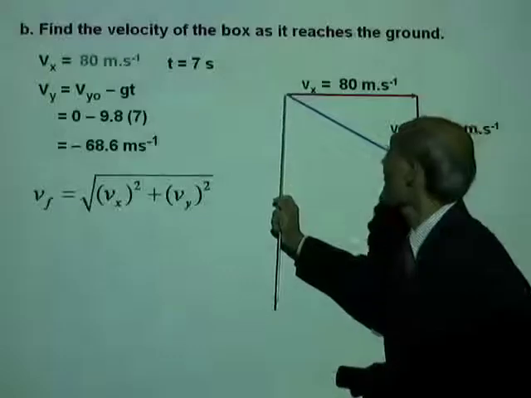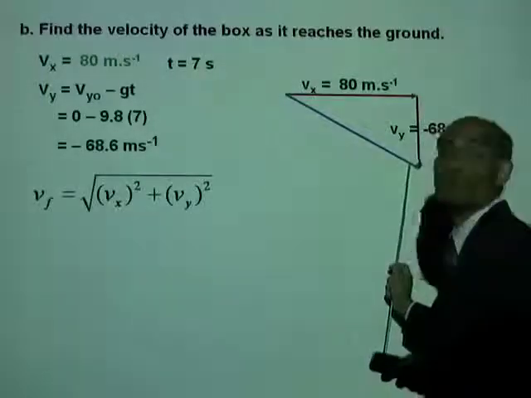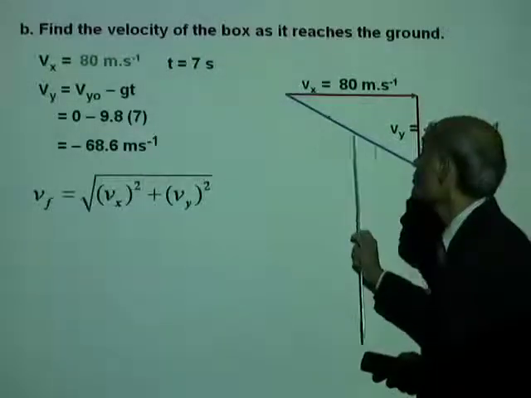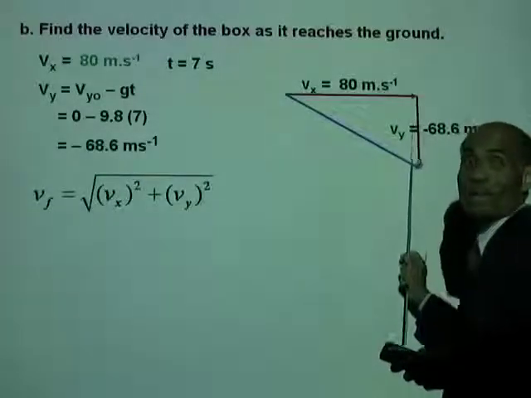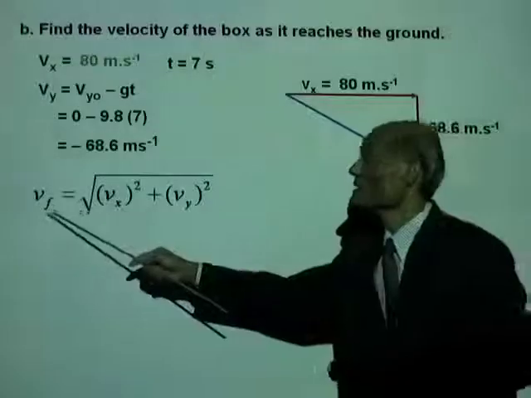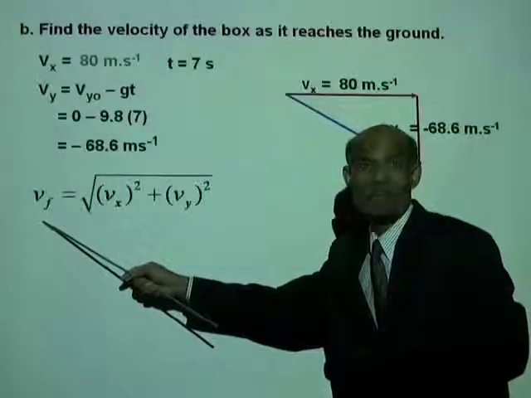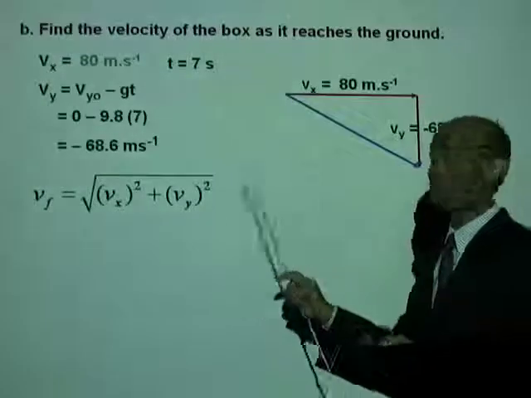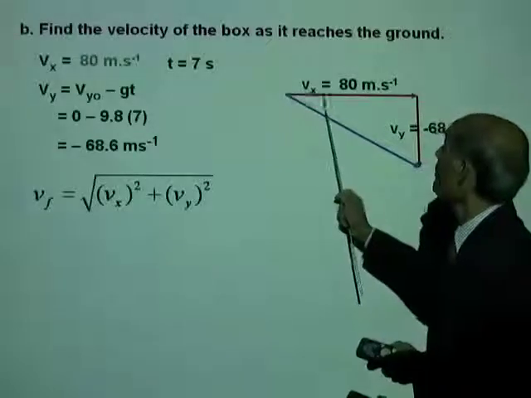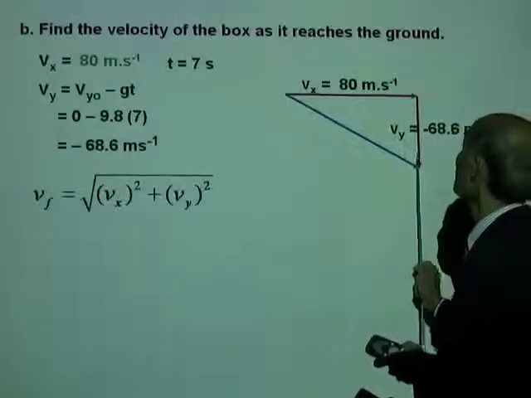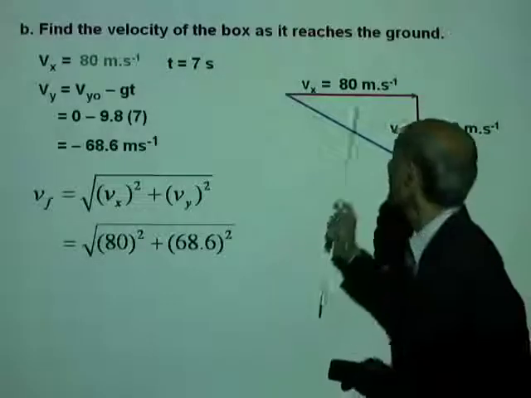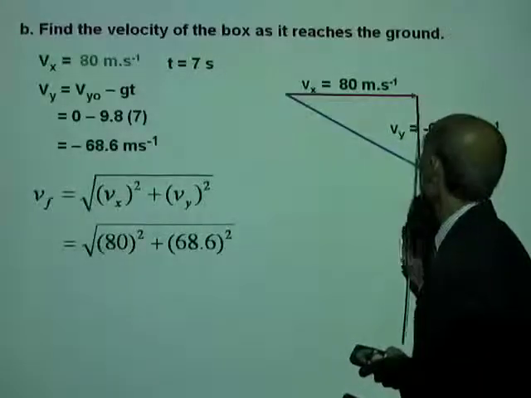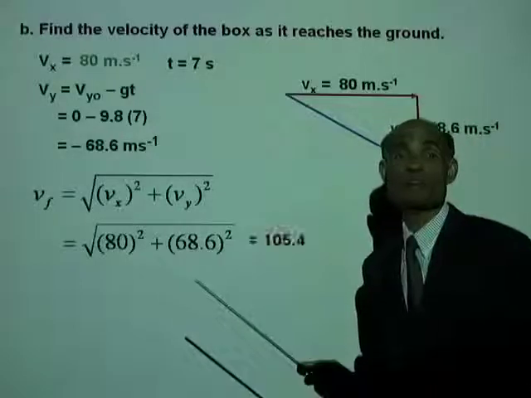And what is the magnitude of this vector? The magnitude is the square root of Vx squared plus Vy squared. So Vf, the final velocity when it touches the ground, will be the square root of Vx squared plus Vy squared. That will be the square root of 80 squared plus 68.6 squared.